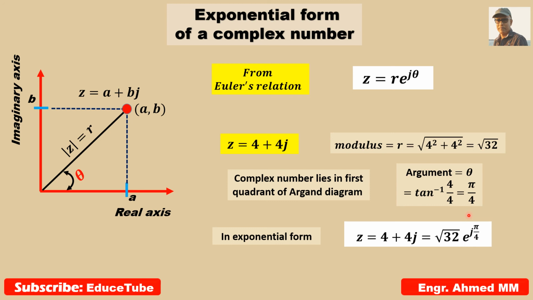So this is our answer, the exponential form of this complex number: z equals square root of 32 e to the power j multiplied by pi by 4.